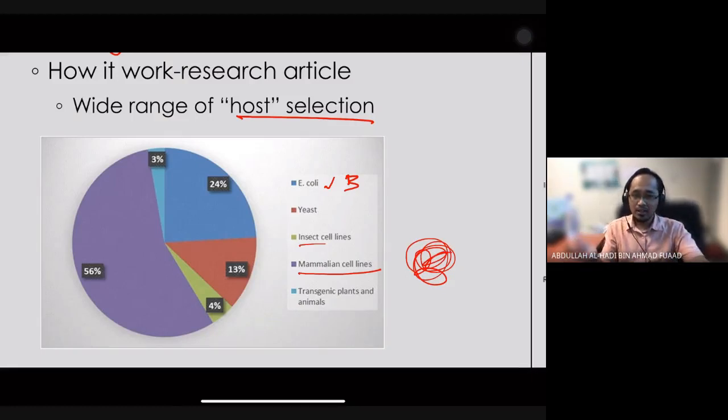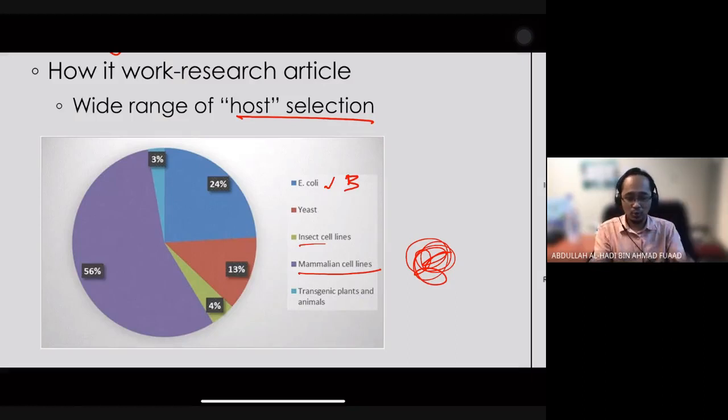But in reality, when we are talking about synthesis of a product, it's not always that simple. A protein in a biosynthesis can be glycosylated, phosphorylated, and so on and so forth.